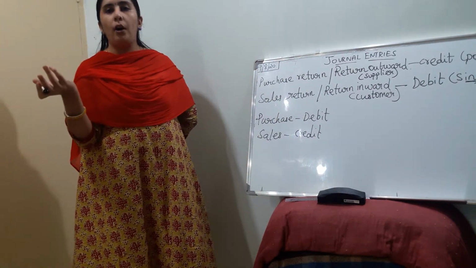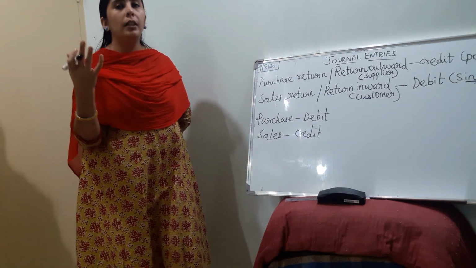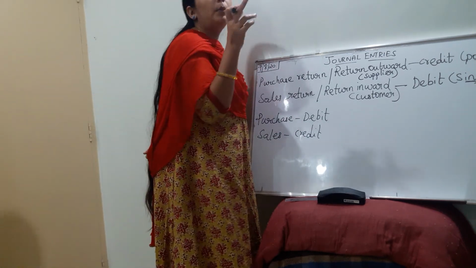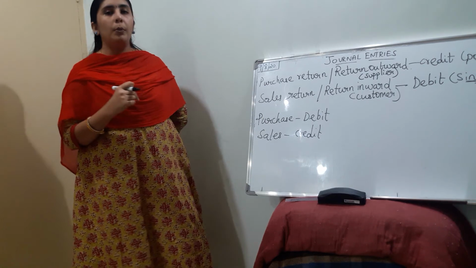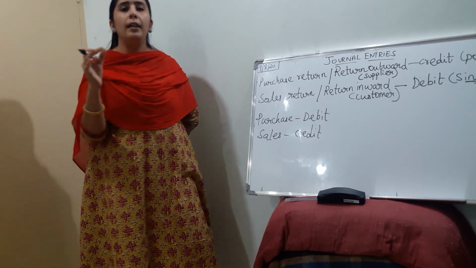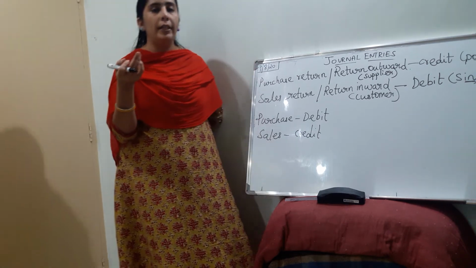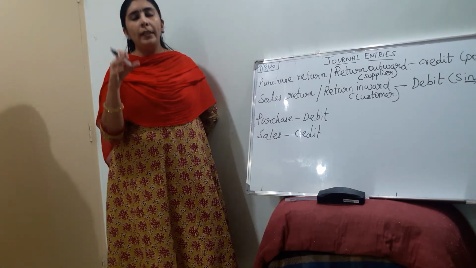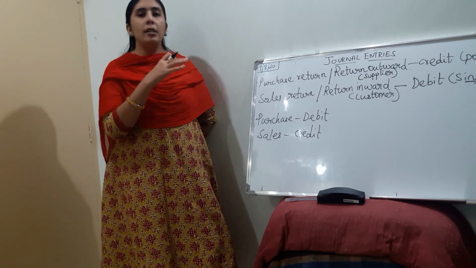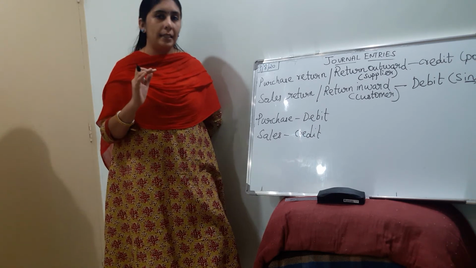Purchase return means POT or return outward. If they say return outward, students get confused, so you can just remember it as POT, and this as SIN. A detailed transaction regarding this I'll post in the next video, because I should give an elaborate explanation about it. As of now, you can just know what a purchase return and a sales return is.